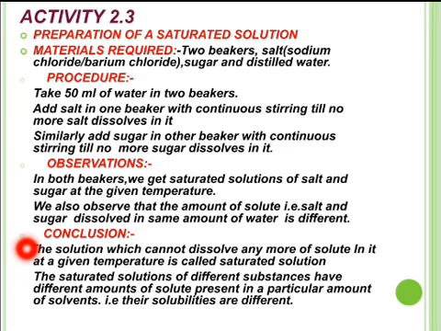It means solubilities of sugar and salt in the same solvent are different. So saturated solutions of different substances have different amounts of solute present in the particular amount of solvent, that is, their solubilities are different.